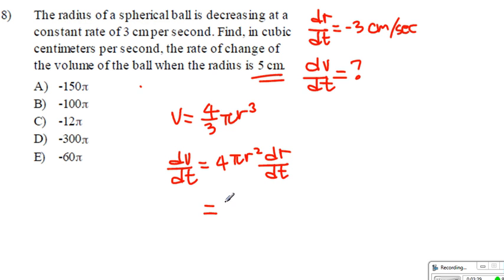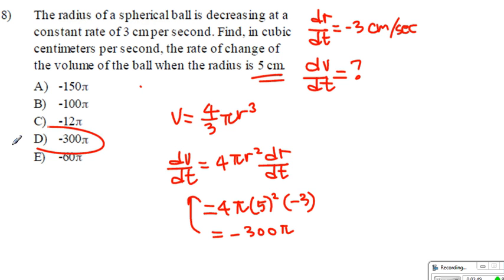If you plug in everything, 4 pi, here r equals 5, so 5 squared, and dr/dt was equal to negative 3. Then our answer becomes negative 300 pi. That's what dV/dt is equal to. So choice D becomes our answer.